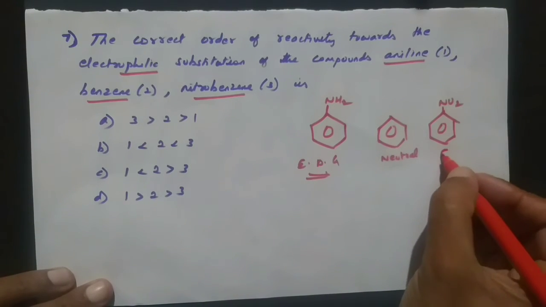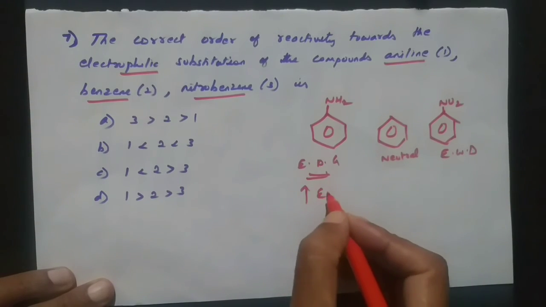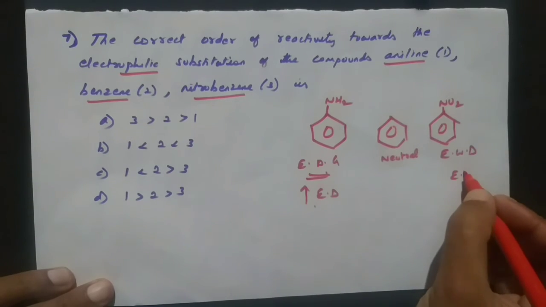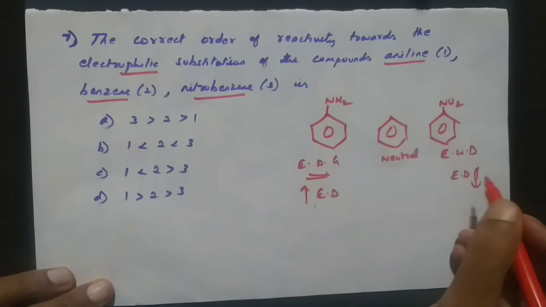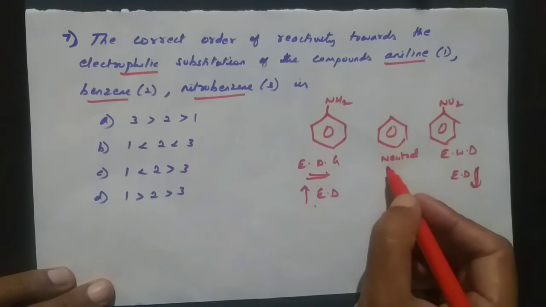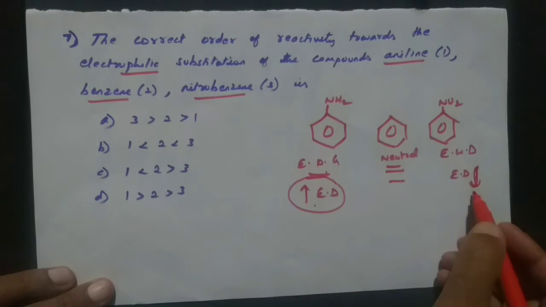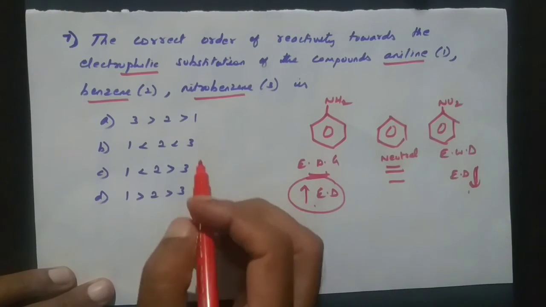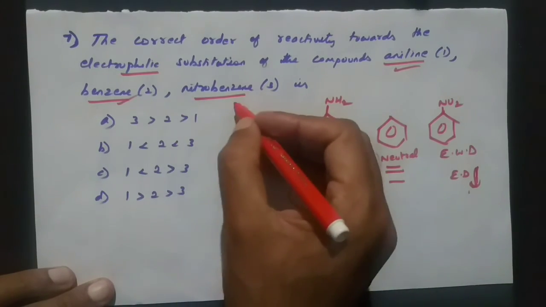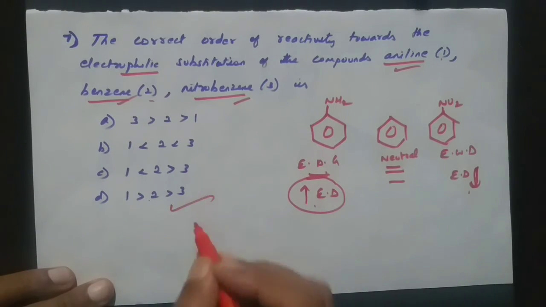And NO2 is an electron withdrawing group. So here the electron density increases, making the positive electrophile attack very easily. Here the electron density decreases. Whenever the electron density decreases, it is tough for the electrophile to come and react. Here it is neutral. So aniline will undergo electrophilic substitution very easily, followed by the neutral compound, then followed by the decreased part. So it will be first aniline, then benzene, then nitrobenzene. Aniline is 1, 2 and 3. So 1 will be greater than 2, greater than 3.